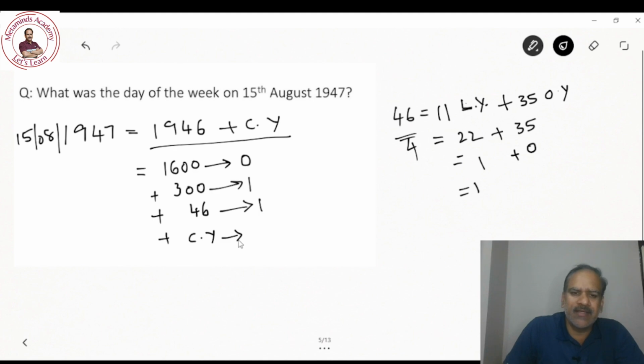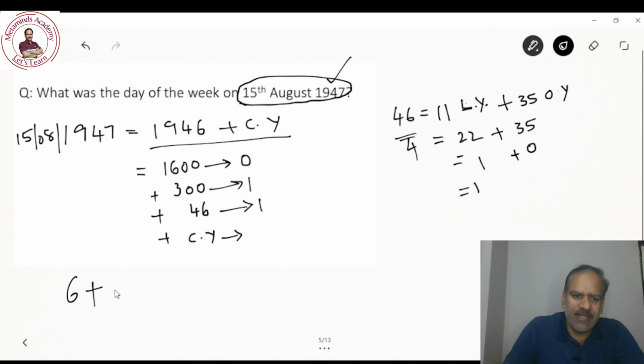Coming to the current year, it is 15th August. 15th August is first 6 months plus July plus August 15th, right? And because 1947 is not a leap year, it is an ordinary year. First 6 months has 6 odd days, plus July.